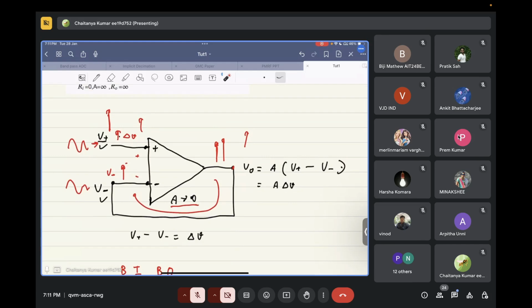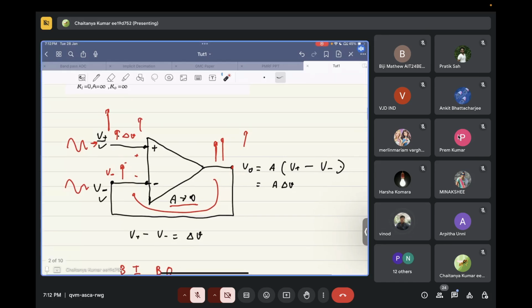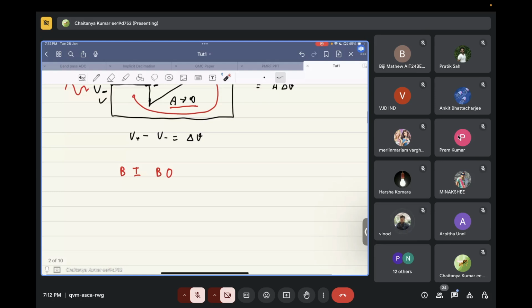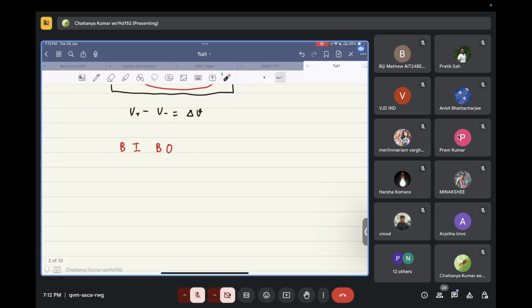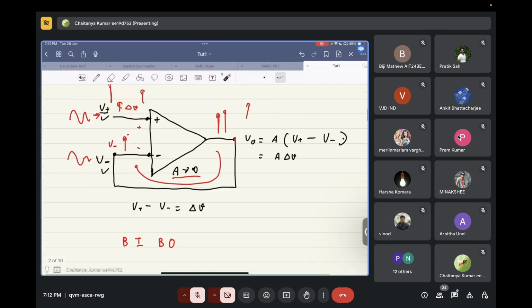Can anyone tell? Because the current into the op amp is zero. Input current to the op amp is always zero. Correct. For cascading and all, we should eliminate that. What Vinod is trying to say is, now let's say this is my op amp.